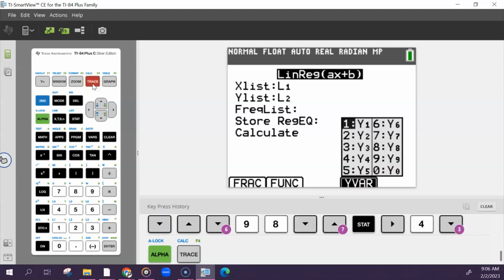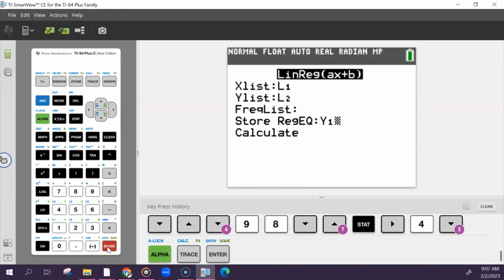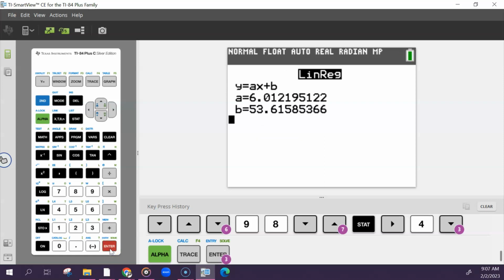And you're going to get this menu. This helps us store an equation, especially if it has like a bunch of decimals, so we don't have to write every single decimal. Pick your favorite y equation. I always go with the first one. And then you can either scroll down to calculate, hit enter, or just keep hitting enter until your screen changes.